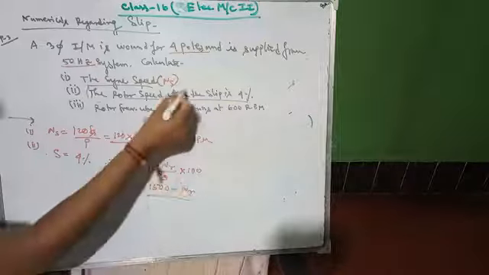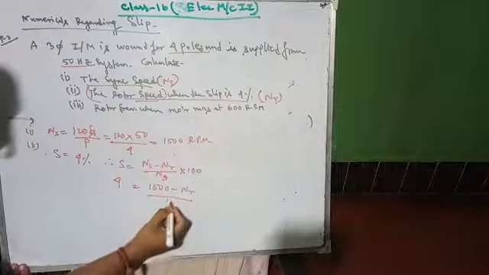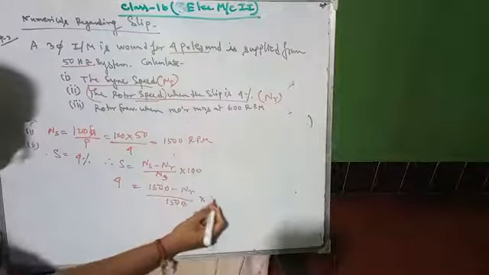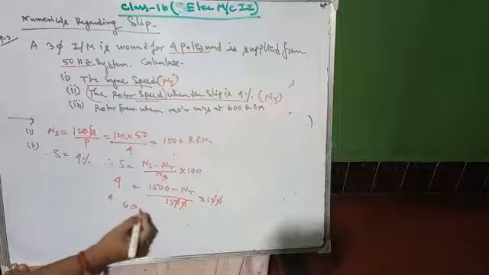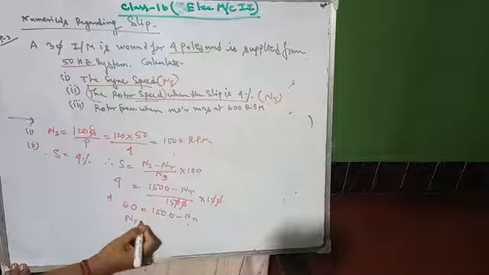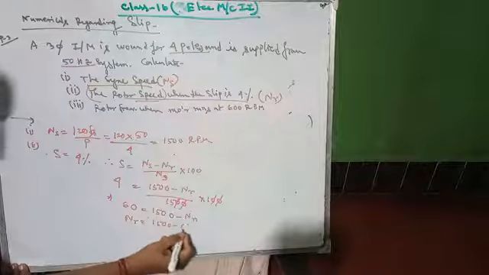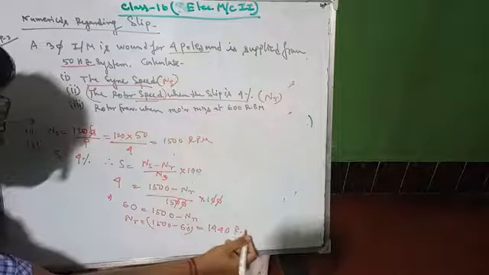The rotor speed should be calculated over here. So Ns means 1500 into 100, so the zeros cancel out. So 15 into 4, that will be 60, equals 1500 minus Nr. So Nr equals 1500 minus 60, that will be equal to 1440 rpm.